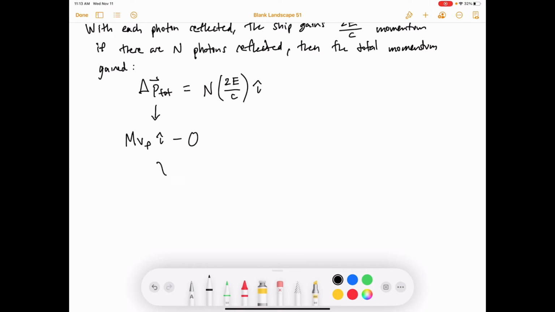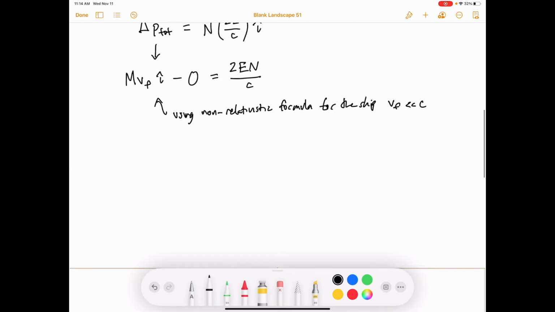Now, notice how I'm using a non-relativistic formula here for the ship. That's actually okay because even when it reaches its top speed, it's moving much, much slower than the speed of light. So that's actually valid to do. And again, on the other side, we have 2 times E times N over C. And we're going to go ahead and figure out N.